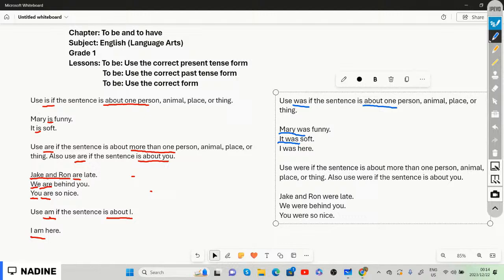Only one thing was soft. And then I was here. I refers to one person. So we basically use was if the sentence is about one person, animal, place, or thing.